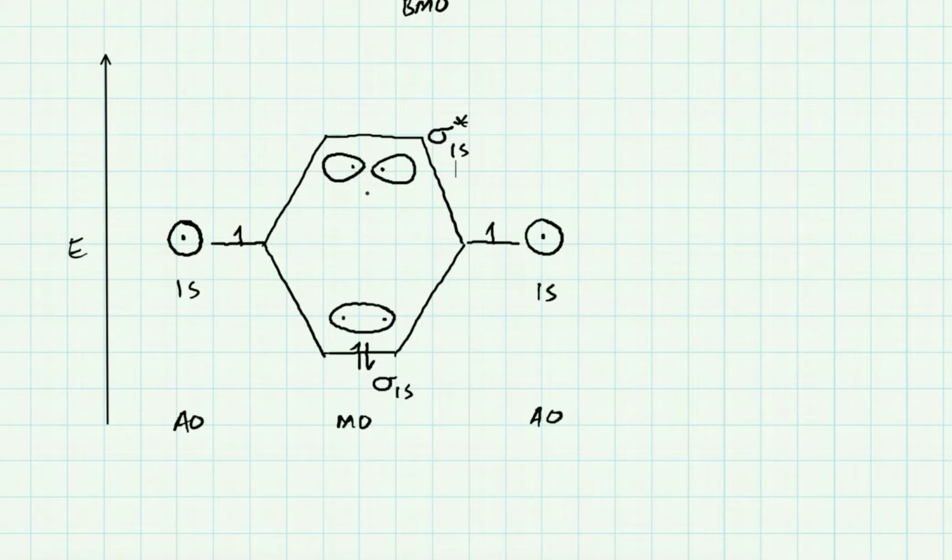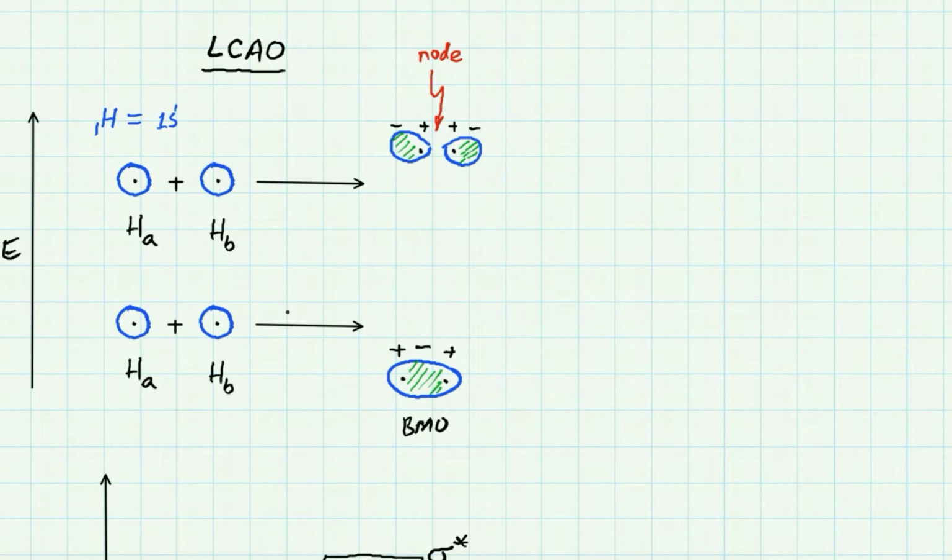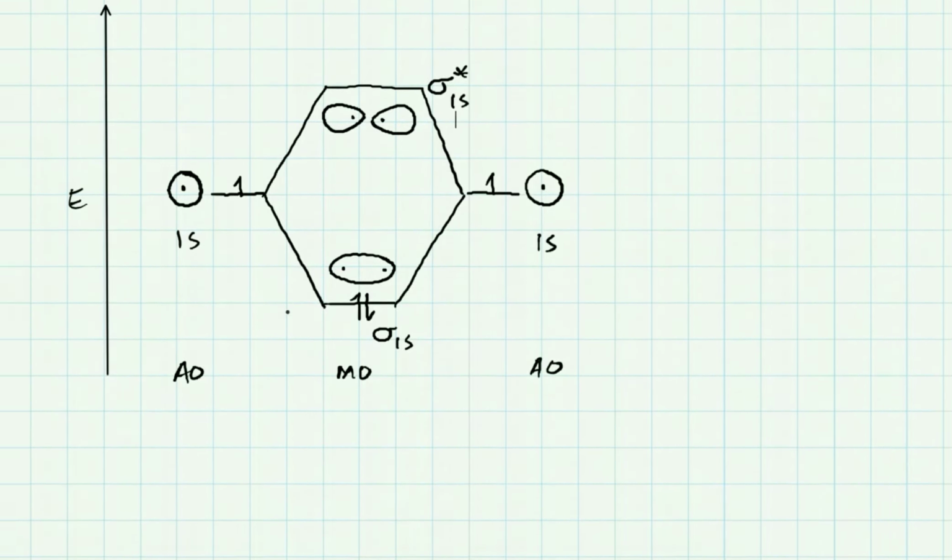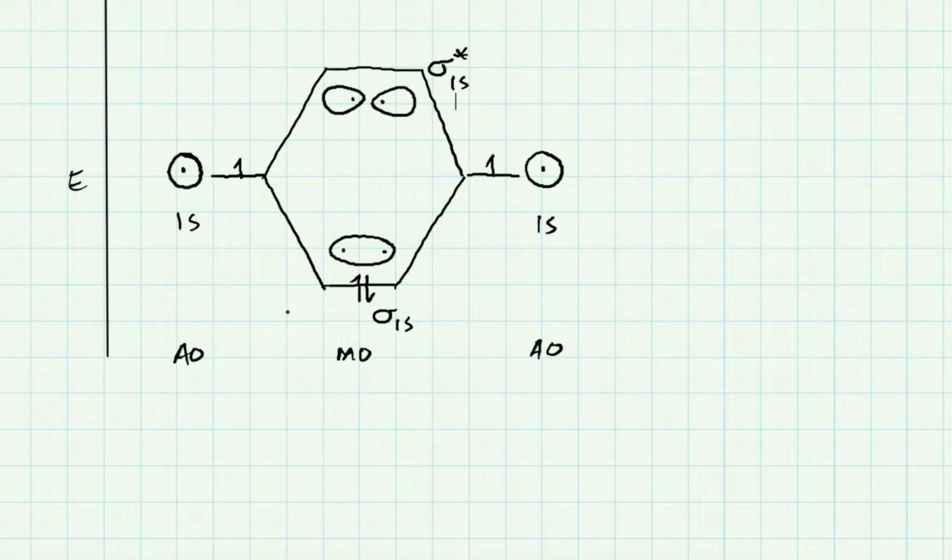Now, the points that we have to remember while we are discussing the formation of these molecular orbitals from the atomic orbitals are that the atomic orbitals give rise to molecular orbitals. And this combination happens in a linear way, that is the linear combination of atomic orbitals. And these are bonding as well as anti-bonding molecular orbitals.